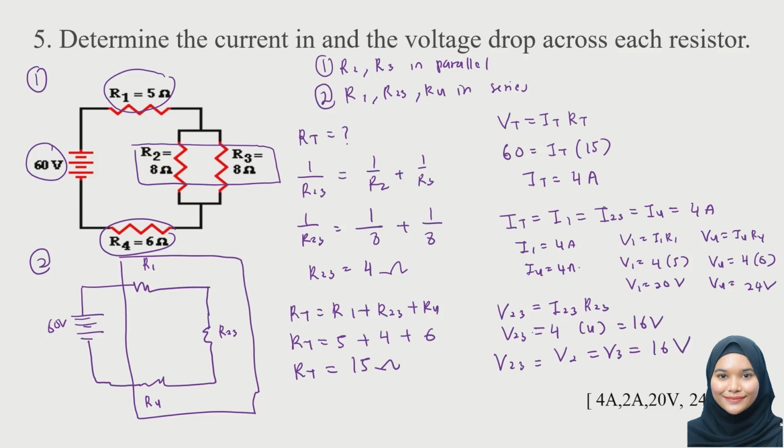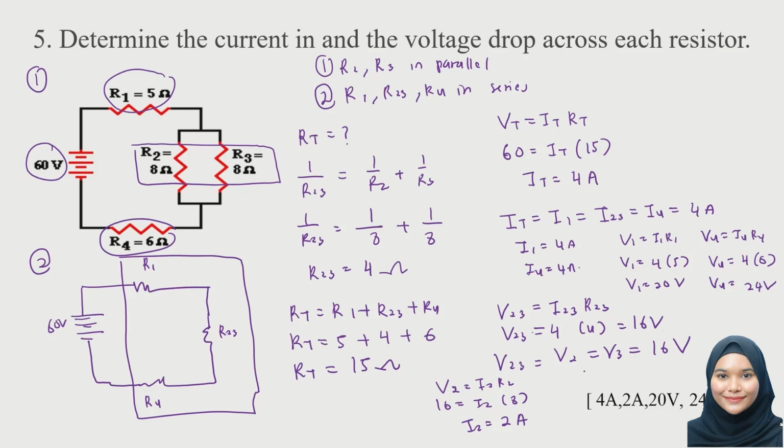Okay. Now, as we already know the voltage across resistor 2 and resistor 3, we can look for the current by using Ohm's law formula. So, we know the voltage across resistor 2 is 16 volt. We are looking for the current and we know the resistance of resistor 2 is 8. So, the current flow through resistor 2 is 2 ampere.